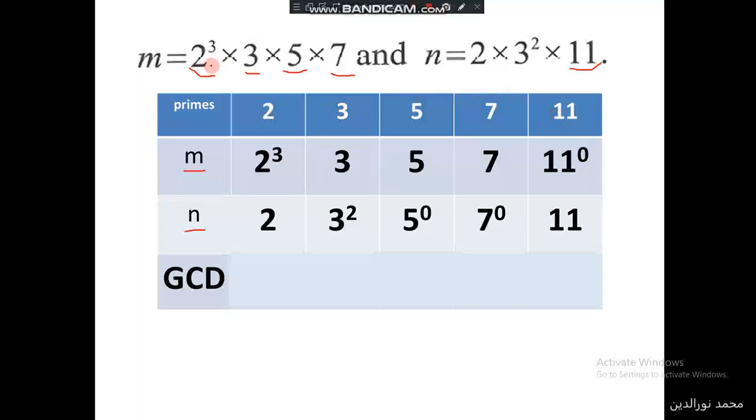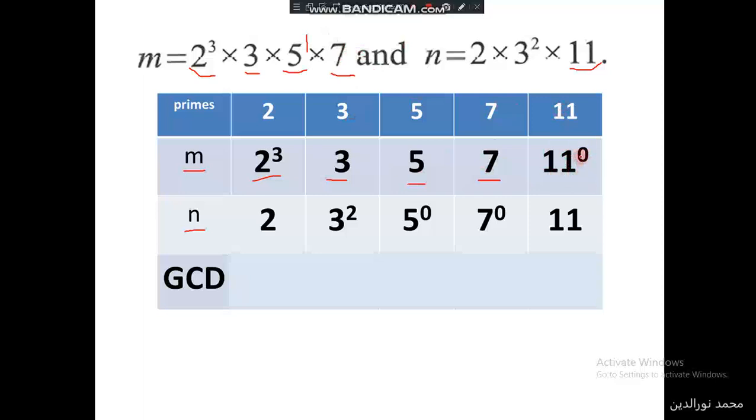For the number m, we have 2 cubed, 3 power 1, 5 power 1, 7 power 1, and there is no 11. Instead of leaving it empty, it's better to put 11 to the power 0.